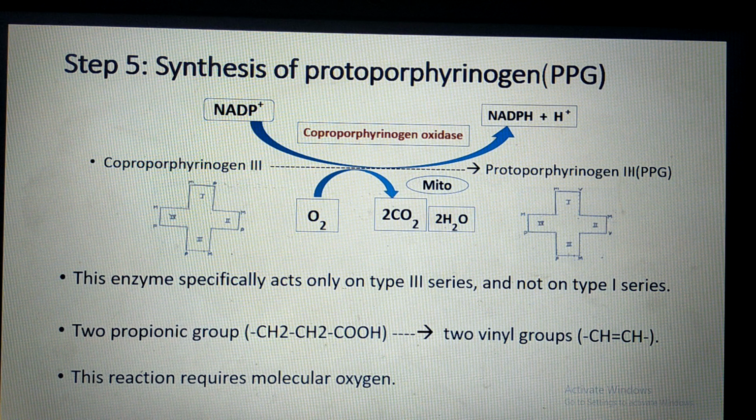Here the 2 propionic acid groups present in coproporphyrinogen 3 are converted into vinyl groups by loss of carbon dioxide. Here molecular oxygen is required. This molecular oxygen is converted into water and the hydrogens are donated by coproporphyrinogen 3.